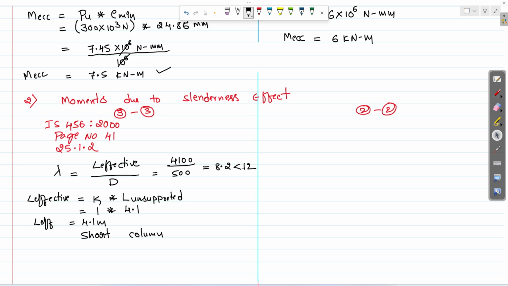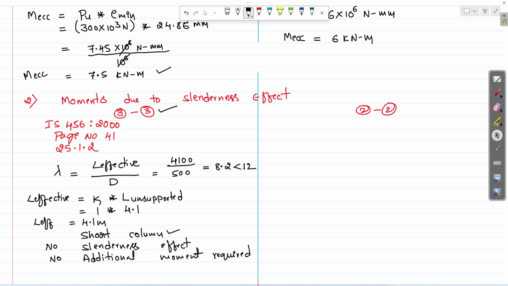So no slenderness effect. No additional moment is required. So here about 22 axis, your column is short column. So no slenderness effect. So no additional moment is required.